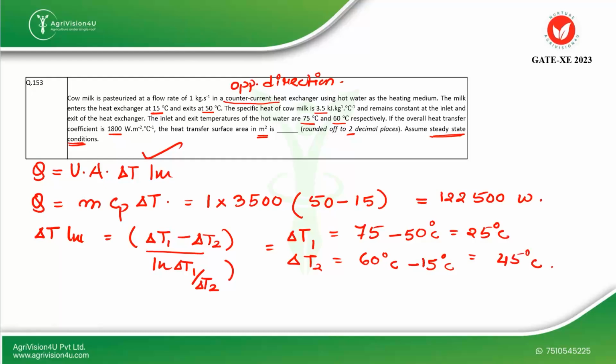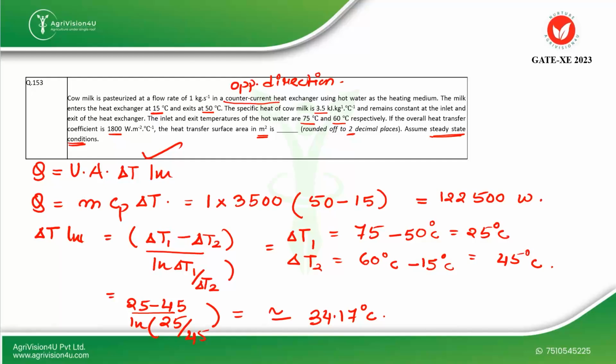Now just put the values here: 25 minus 45 by ln 25 by 45. You'll get approx 34.17 degrees Celsius.